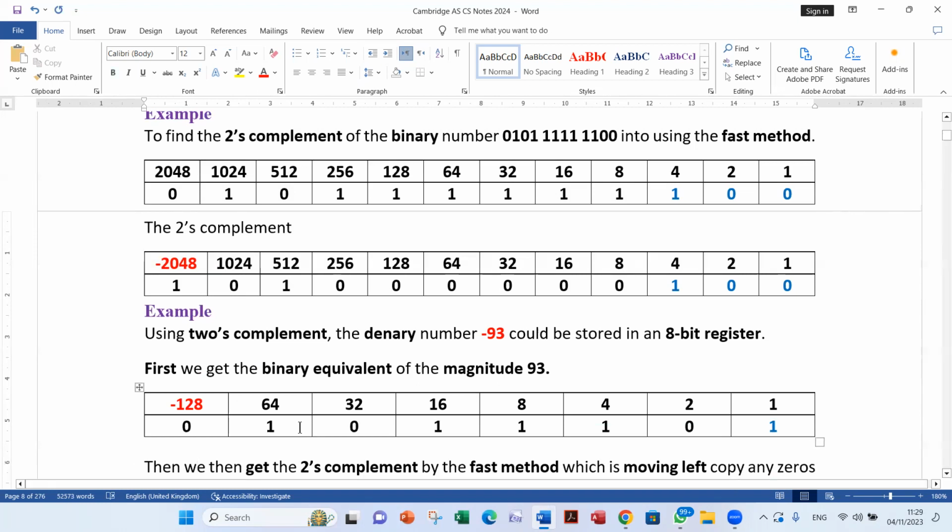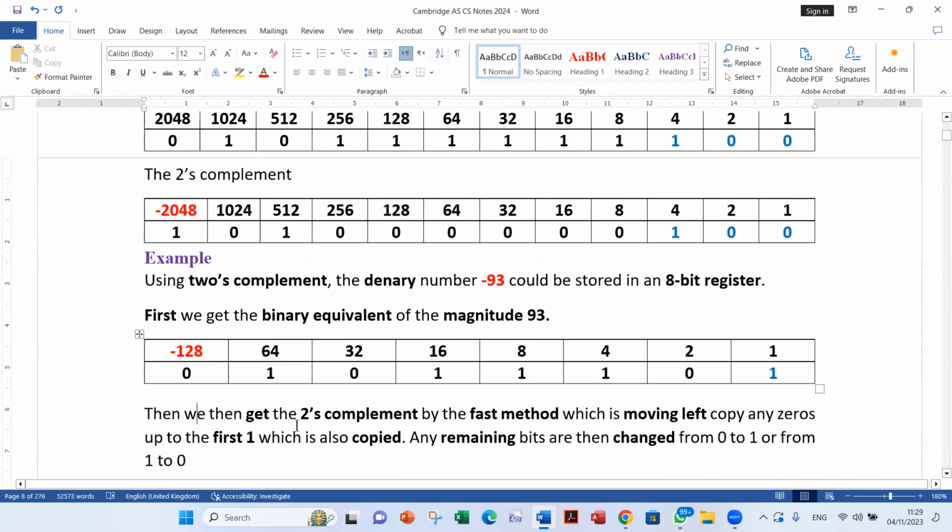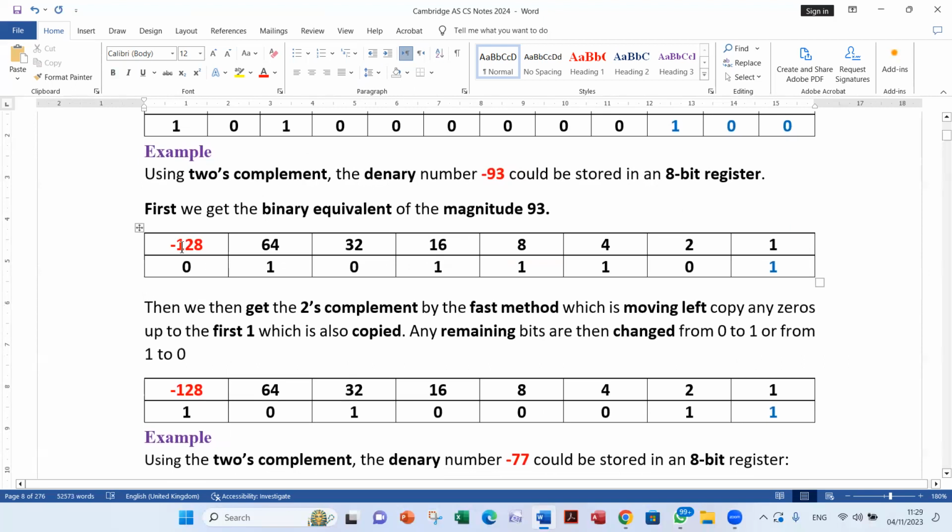the 2's complement by the first method. We start from the right and move left. Copy any zeros as they are; you don't have zeros here. Copy any zeros up to the first one, which is also copied.